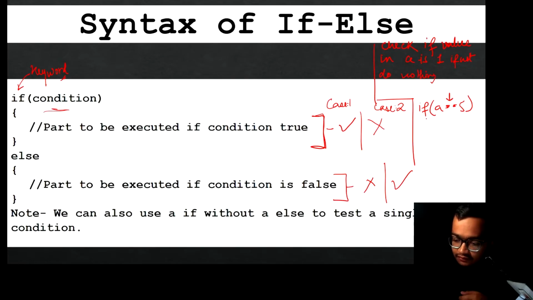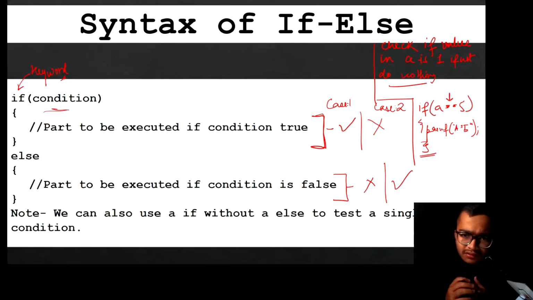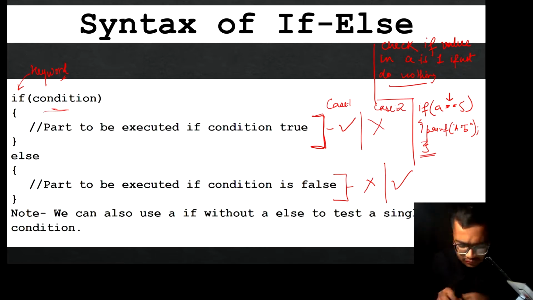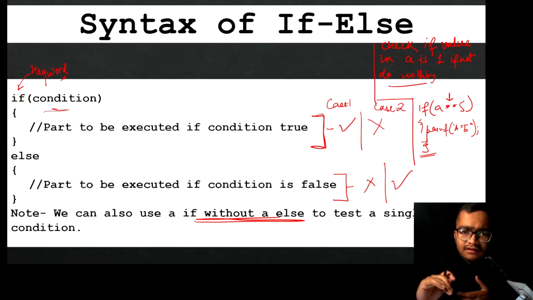So if this part is true, then you have to printf a is 1. The else part we will skip because we have to do nothing if not equal to 1. So we can also use an if without an else. That means a single if can be used if you want to check a single condition.